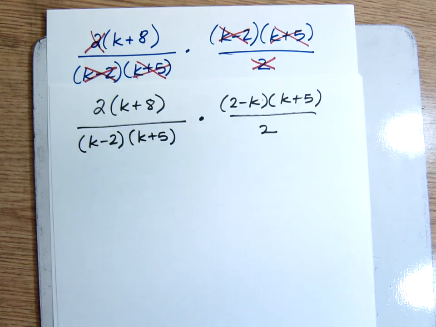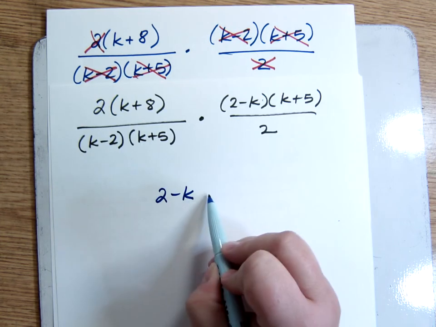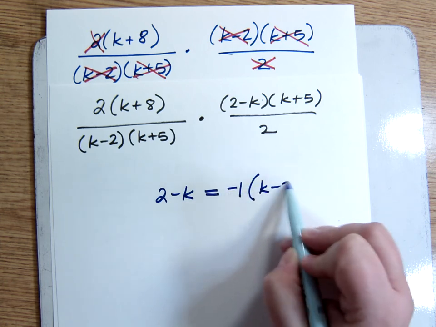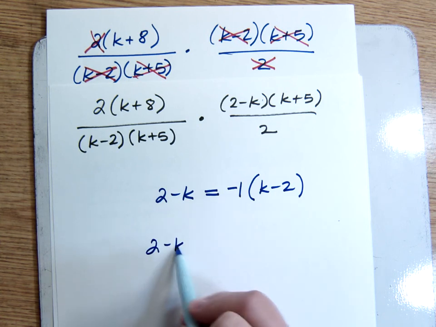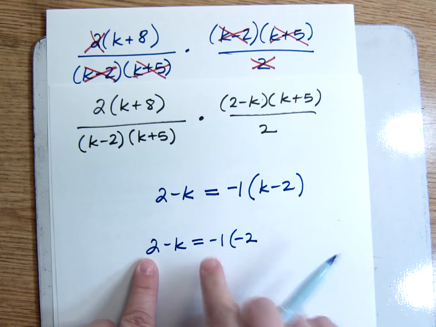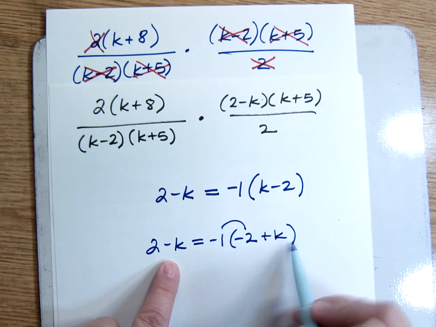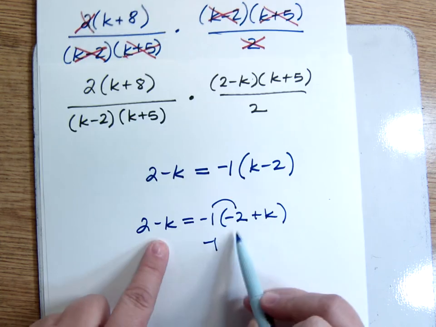Keep in mind that 2 minus k is the same thing as negative 1 times k minus 2. Okay, in other words, 2 minus k, if I took a negative 1 out of that, that would be negative 1 times negative 2 to get this, and negative 1 times positive k. And I can rewrite that. If I have negative 2 plus k, I can rewrite that as k minus 2.